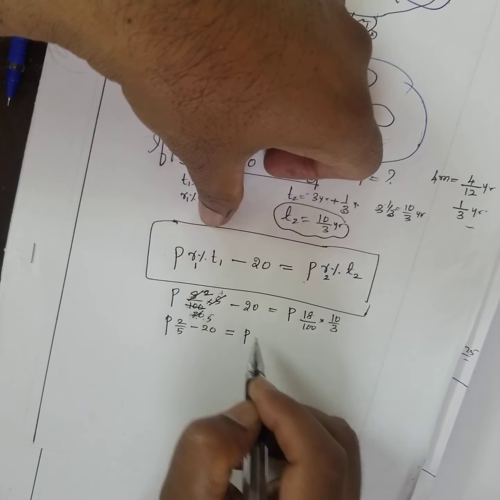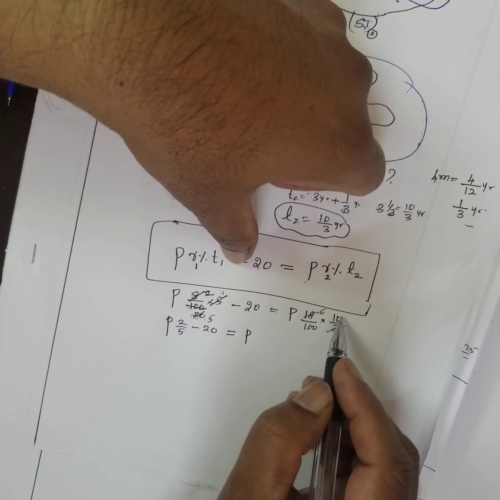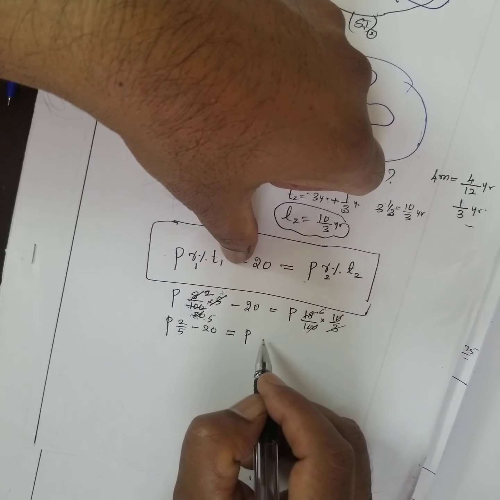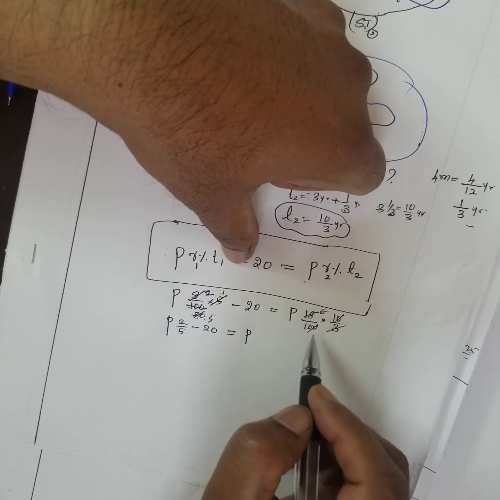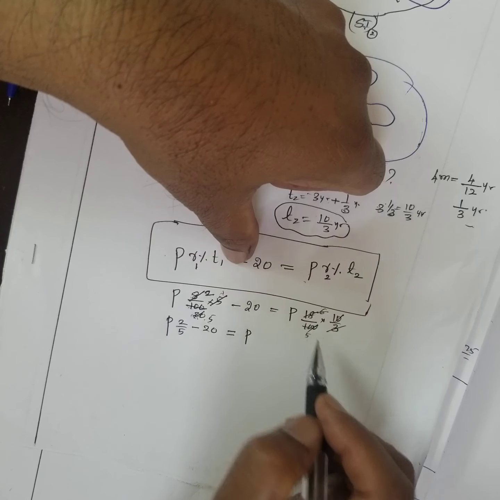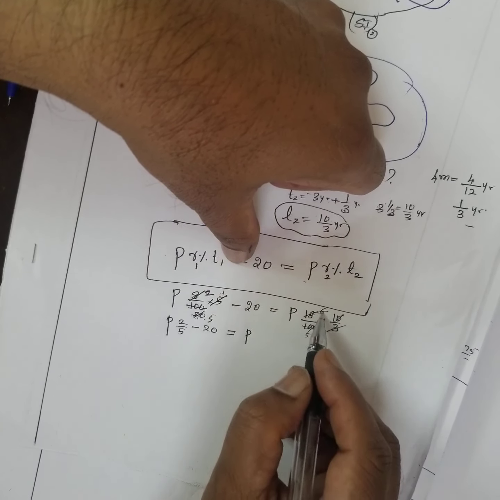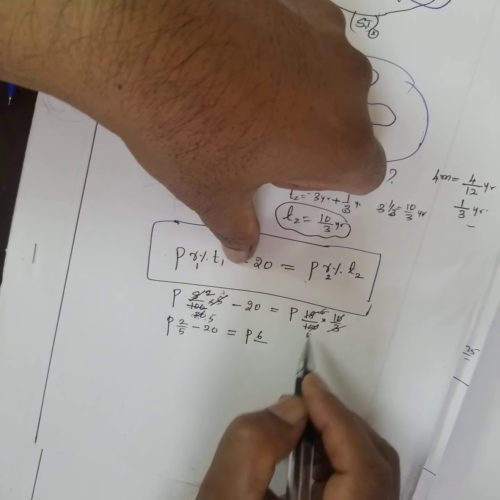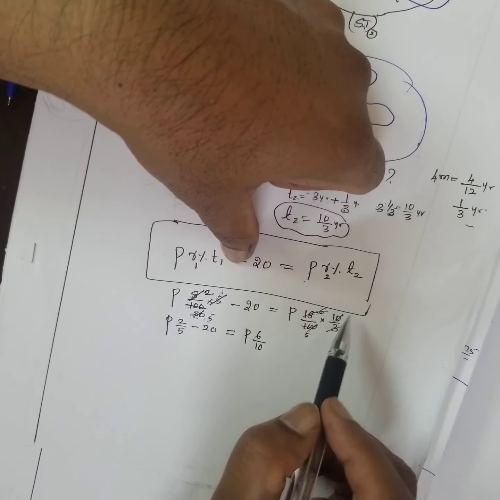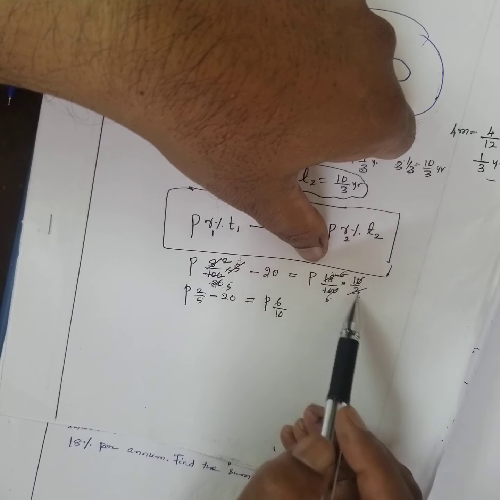See, P, how many times does it go? 6 times it goes. Here the 0s get cancelled. P, 6 3 times, here 5 times. Or else you write P 6 by 10. Can you write like this? See, 18, 6 times.